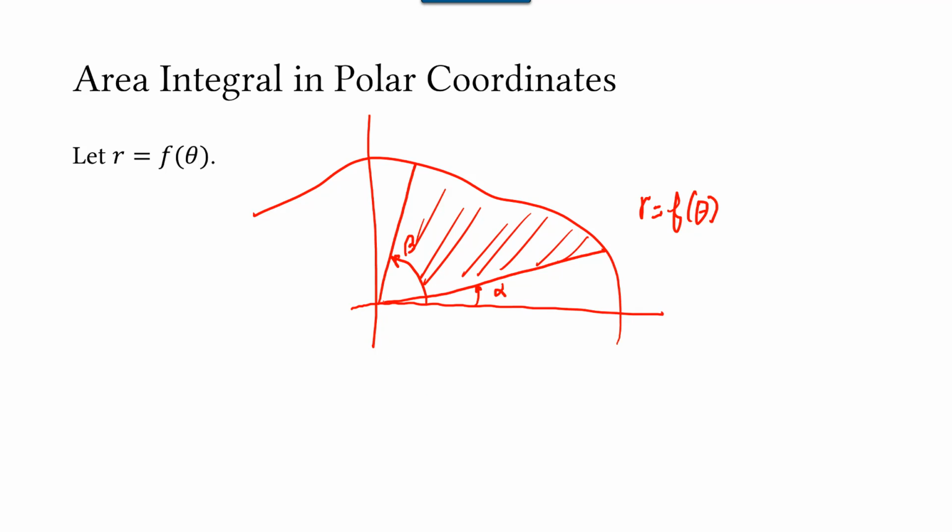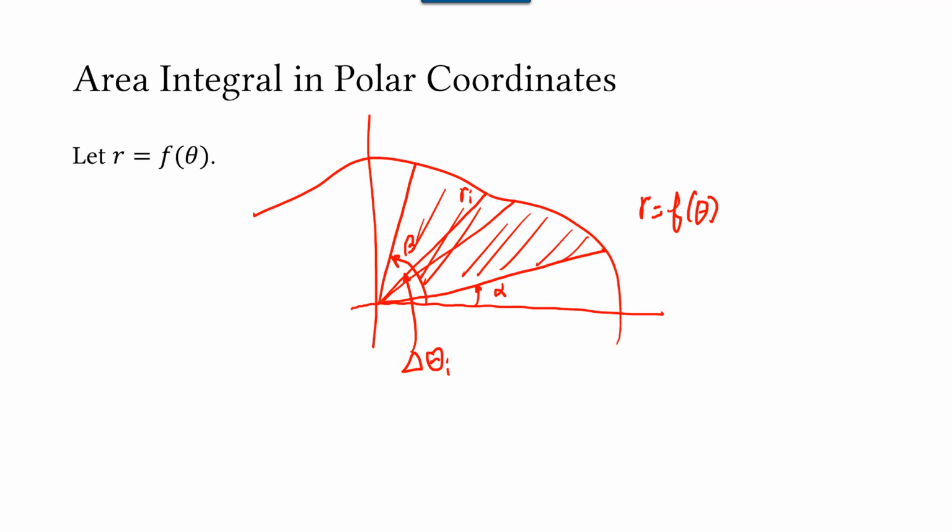We begin by drawing a typical piece. So let's call that my r sub i. And the angle for that sector, I can't draw it in the picture, but that's going to be my delta theta i.